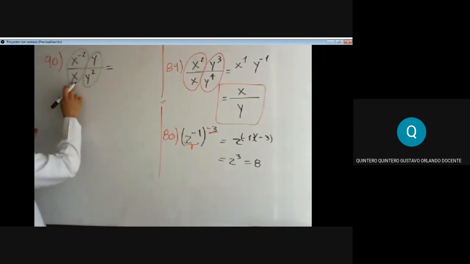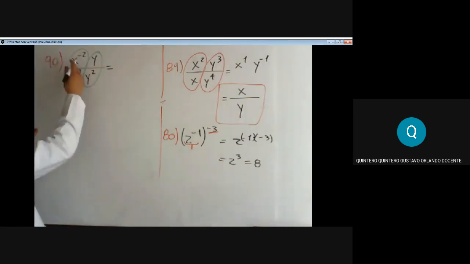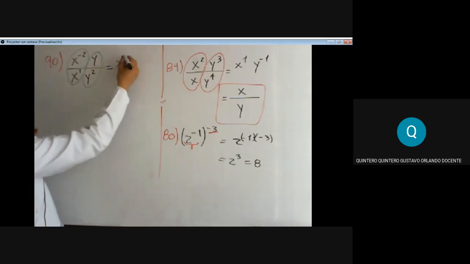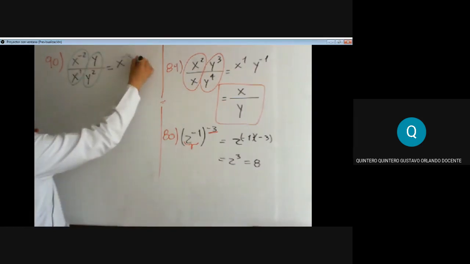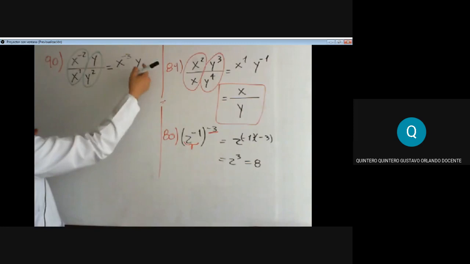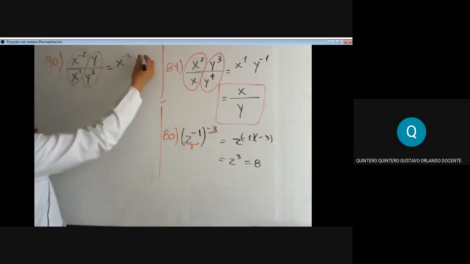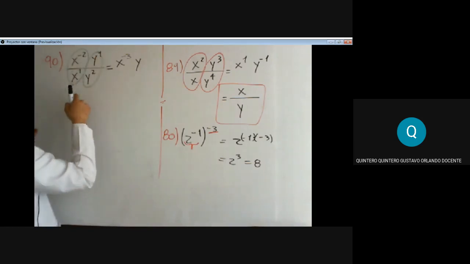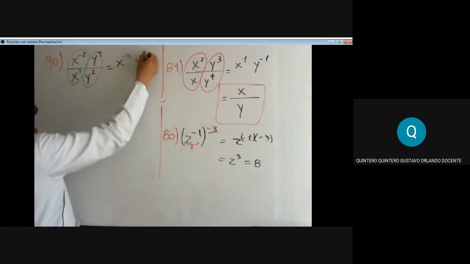These two have the same base. Remember, there is a 1 right there that you can see. It is an implied 1. So you can do the division. Leave the x and subtract the exponents. Negative 2 minus 1 will be negative 3. And then this part over here will be y to the 1 minus 2. There's a 1 here that you can see, right? An implied 1. 1 minus 2 will be negative 1.